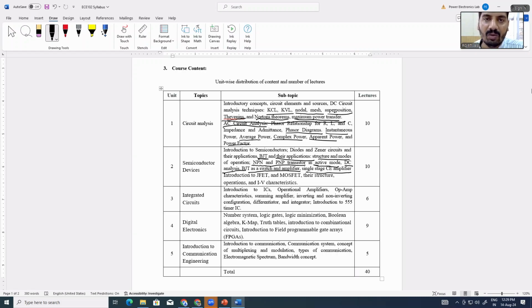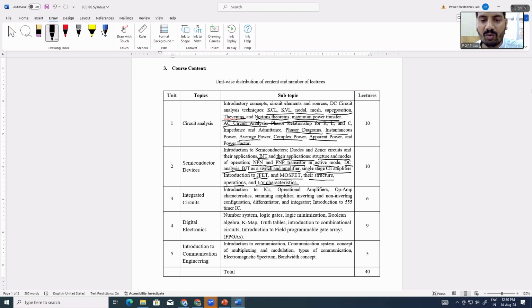After BJT and diode, you have to study other transistors, that is the junction field effect transistor, JFET, and the metal oxide semiconductor field effect transistor, MOSFET. You have to study their structure, their operation and current and voltage characteristics.